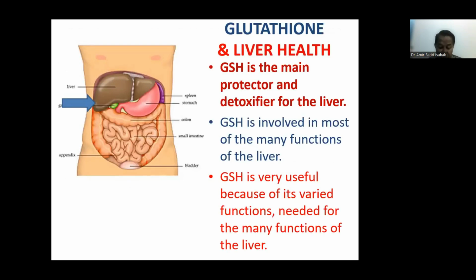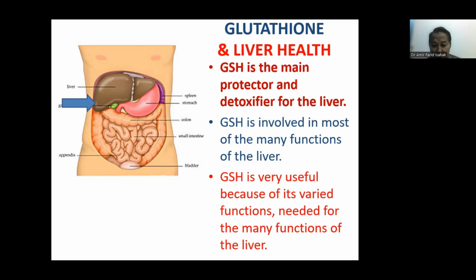All right. We mentioned earlier on that the liver has many functions, all crucial for our survival and for health. And glutathione is the main protector and detoxifier for the liver. The liver does a lot of detoxification of other stuff, and it uses glutathione. And glutathione also protects the liver from these toxins that it has to work on.